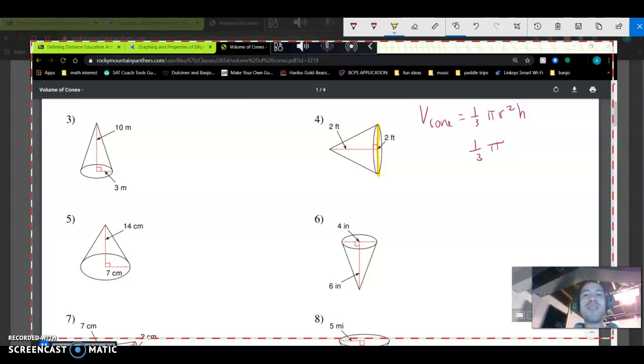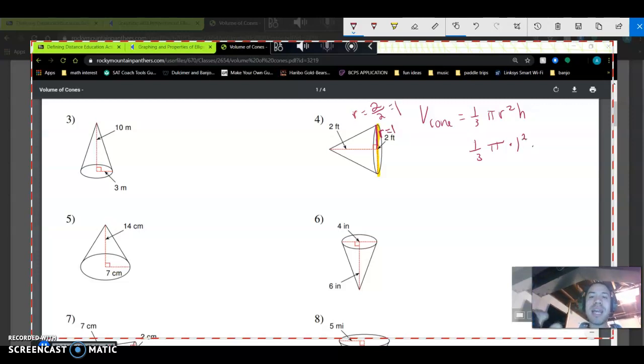If they give you the diameter, you need to take the diameter. Let me get the better pen. The radius is equal to the diameter, 2, divided by 2. It's always going to be divided by 2, because this is our radius. So we split that in 2, so our radius is going to be 1.